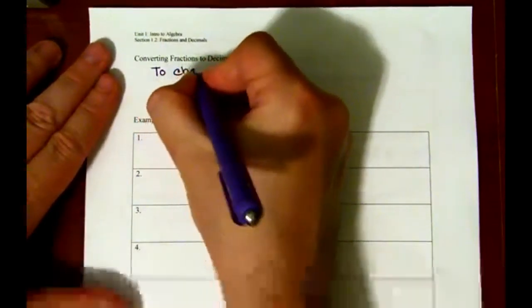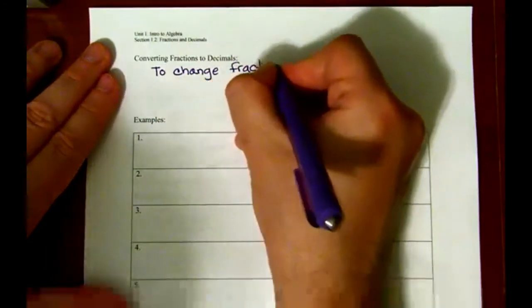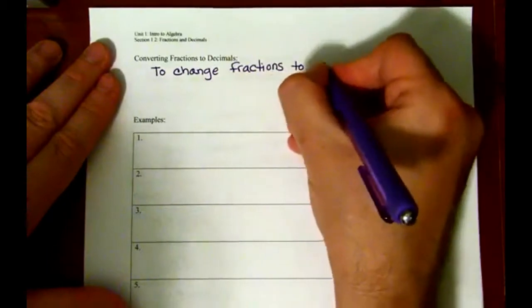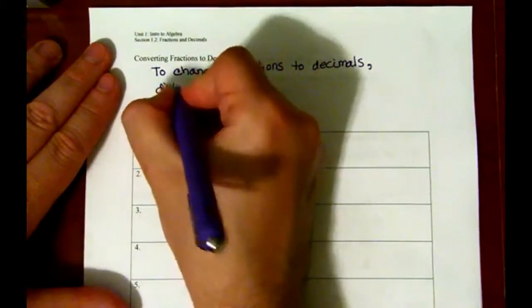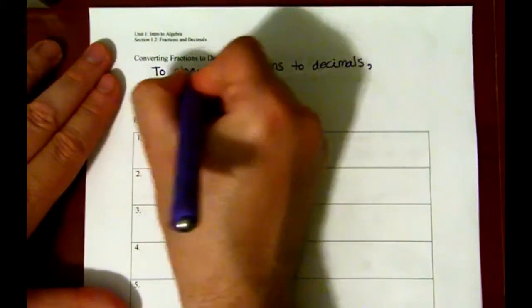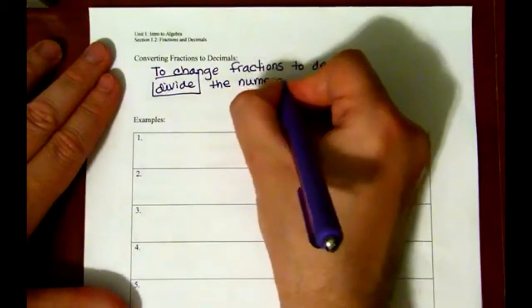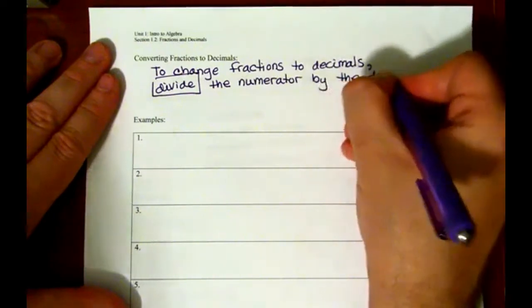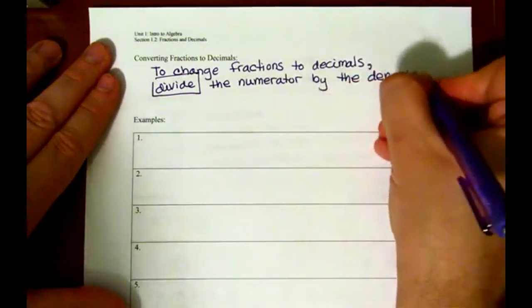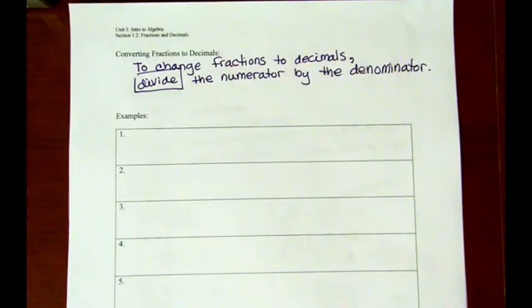To change fractions to decimals, we are going to divide the numerator by the denominator. We are going to do some division.